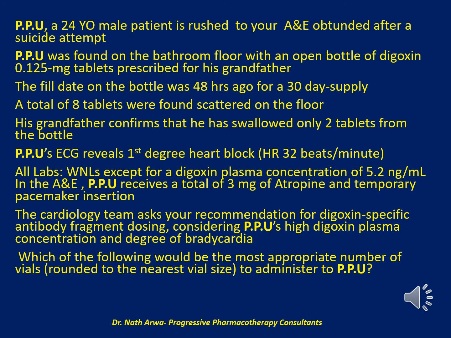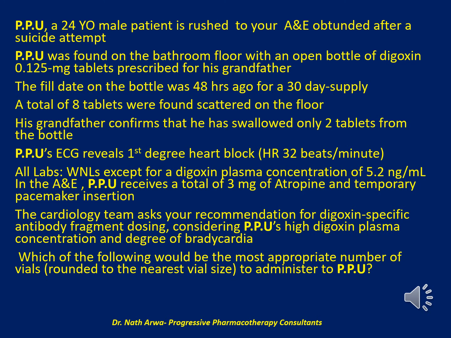PPU's ECG reveals first-degree heart block, with a heart rate of 32 beats per minute. All his labs are within normal limits except for a digoxin plasma concentration of 5.2 nanograms per milliliter. In the accident and emergency department, PPU receives a total of 3 mg of atropine and temporary pacemaker insertion.